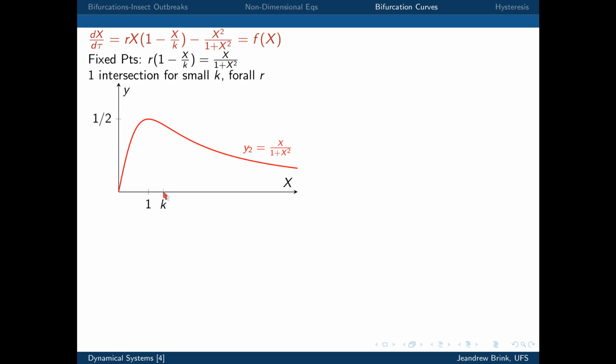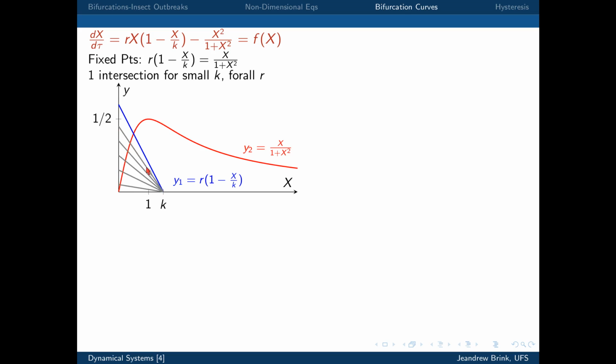And what we're going to do now is change r and see what happens. So if r is quite large, then by changing r, we move the y-intercept of the line. We can decrease r, and suppose we start with this line, it just moves flat, but it remains the fact that you only have one intersection.